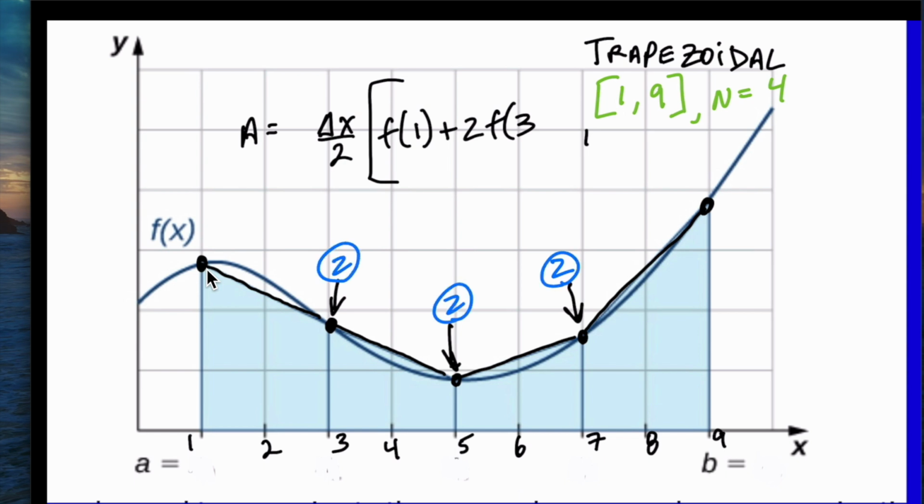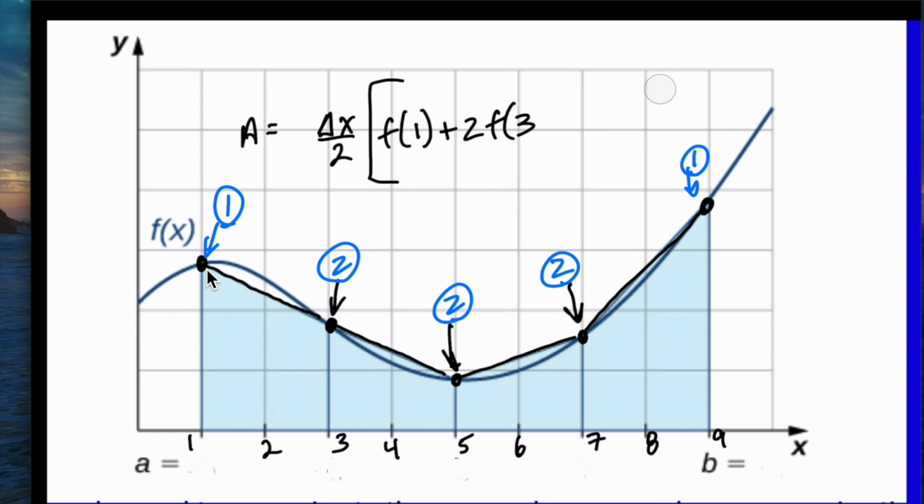Okay, the first one, f of 1, is just once multiplied, just as is. And the final one is also just listed once. So let me just make some room up top. So we're going to have 2 times f of 3 plus 2 times f of 5 plus 2 times f of 7, but only 1 time f of 9.